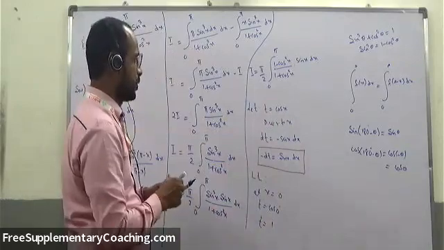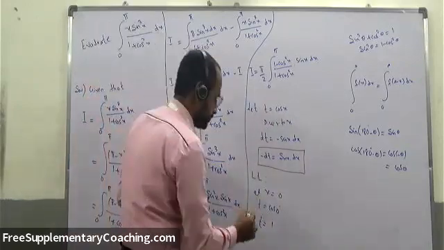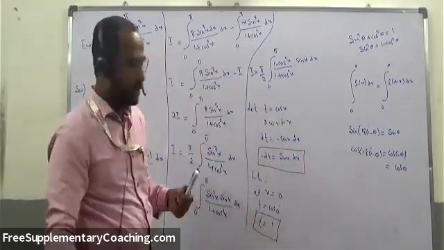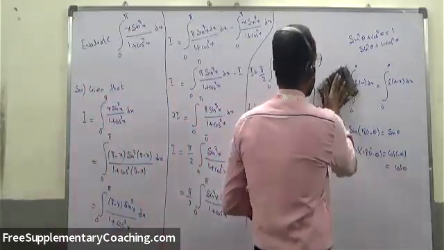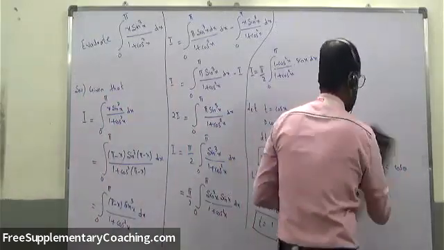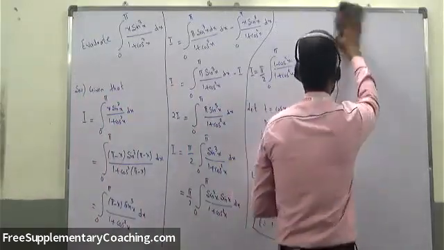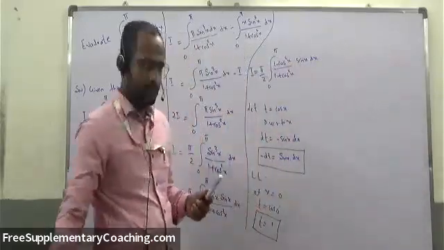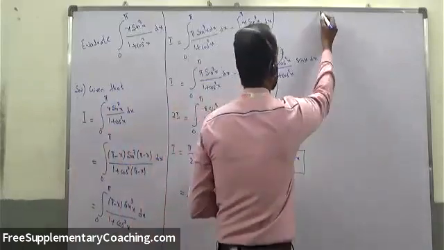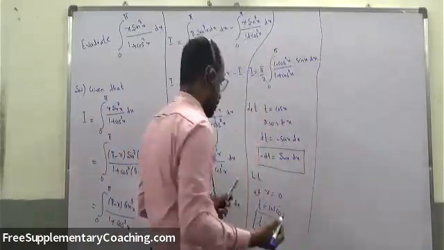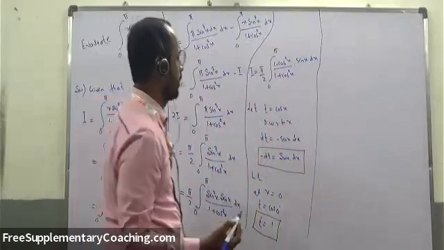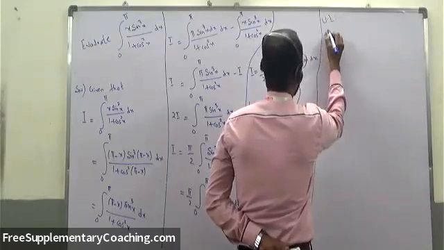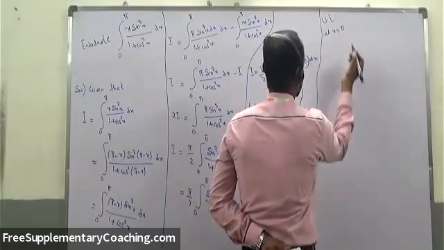Okay, so next, upper limit. Coming to the upper limit at x is equal to pi.